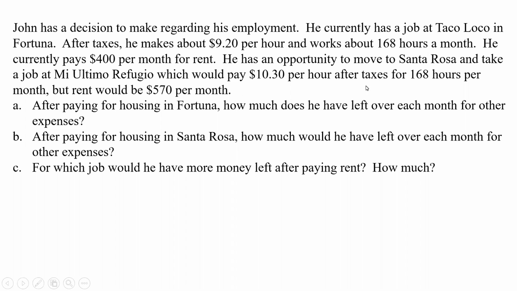Well, I think we're going to need another screen to do this. So what I'm going to do is write the stuff we need down here. The first thing we need to do is write down the key items. So we know it's going to be $9.20 per hour for 168 hours, and he's going to have rent of $400 per month.